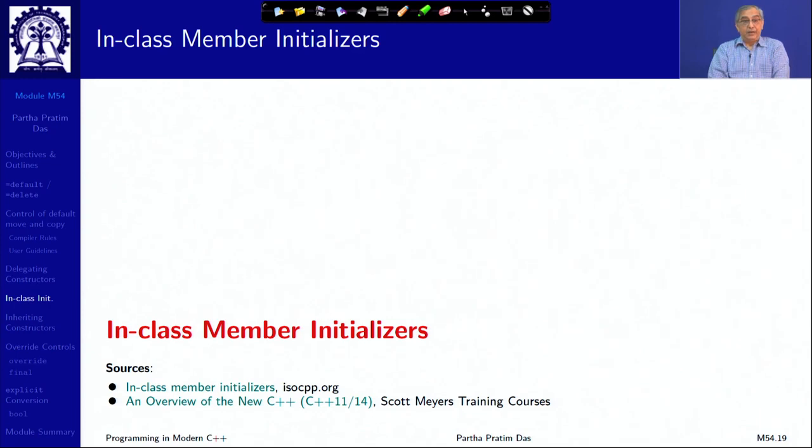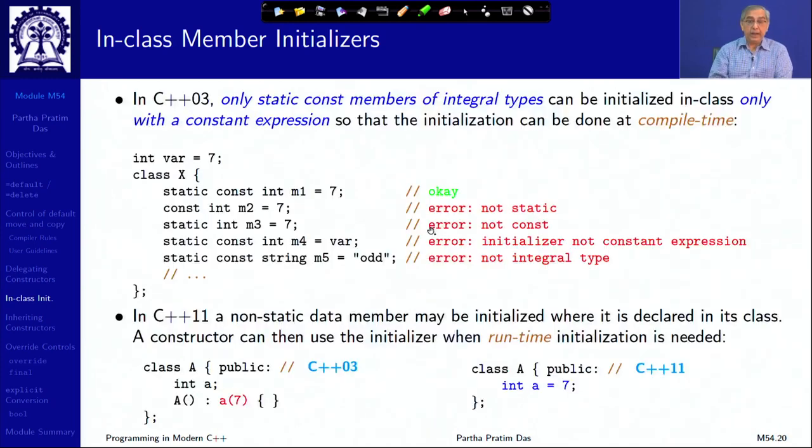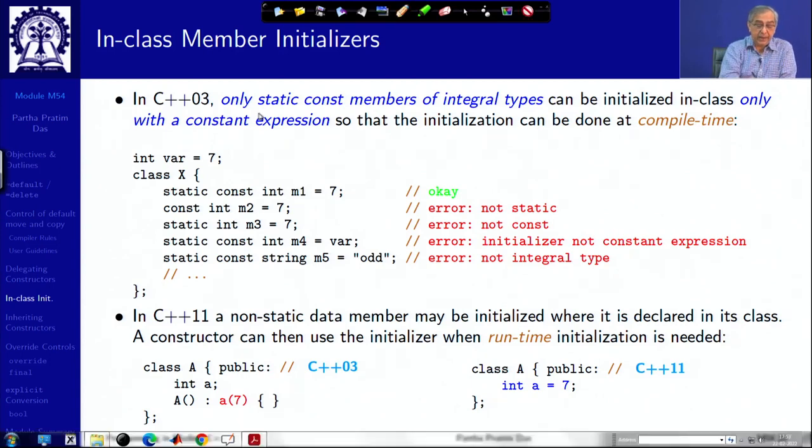Second feature, very important in terms of ease of use, is in-class member initializer. In C++03, we had static members, non-static members. Static members could be initialized within the class provided it is a constant member, it is of integral type, and you are using a constant expression to initialize it.